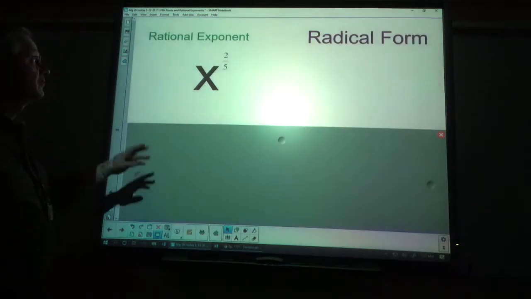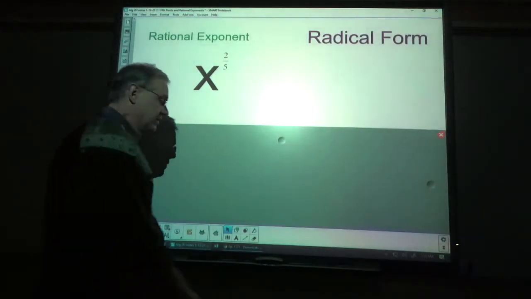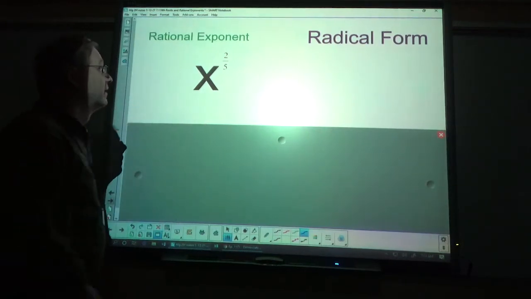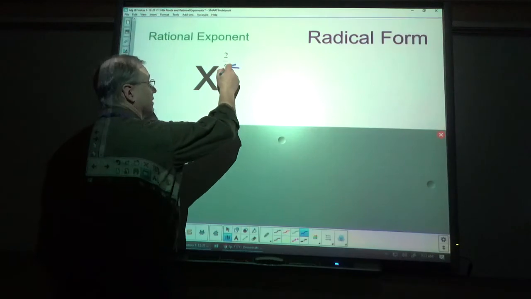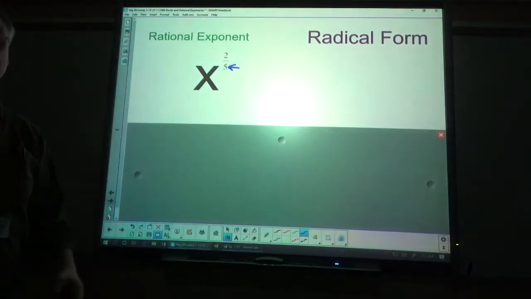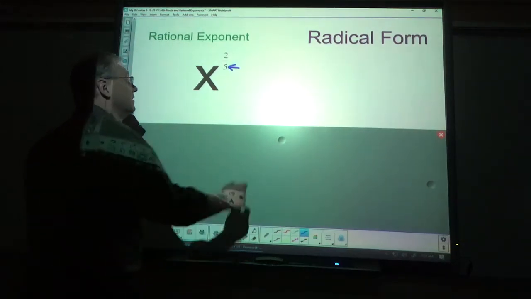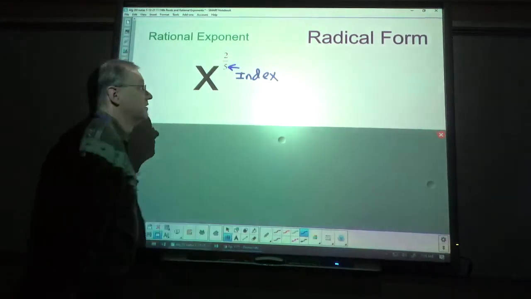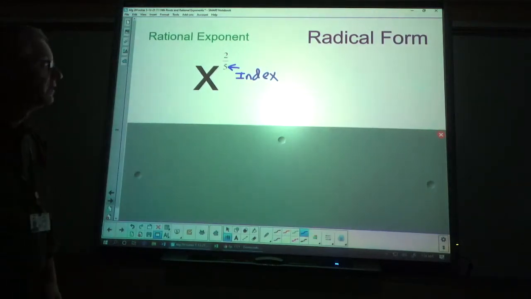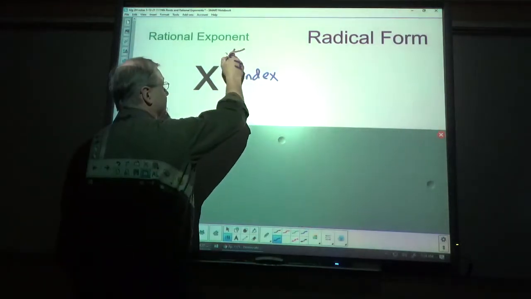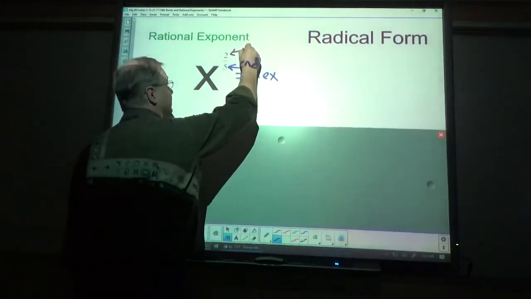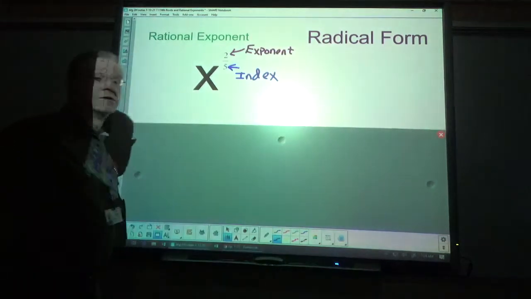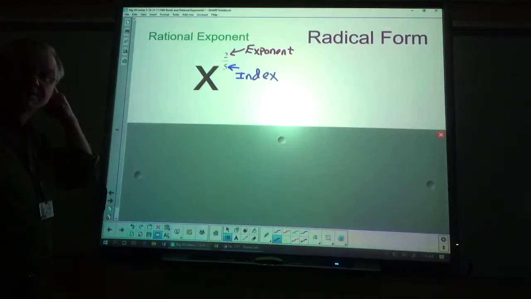So if you have a rational exponent, a fraction exponent, the bottom number of the fractional exponent, in other words, the denominator, is going to be the index for the radical, and the top number is going to be the exponent for the variable inside.